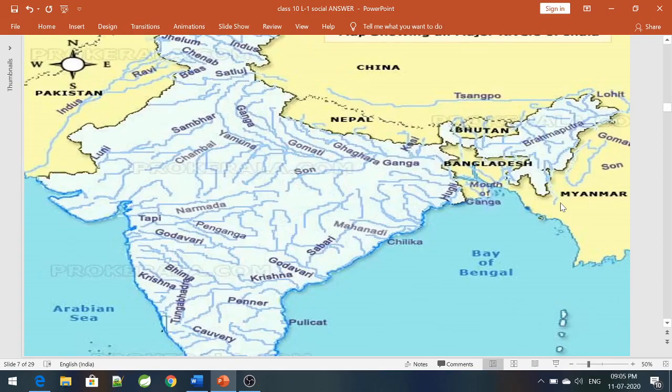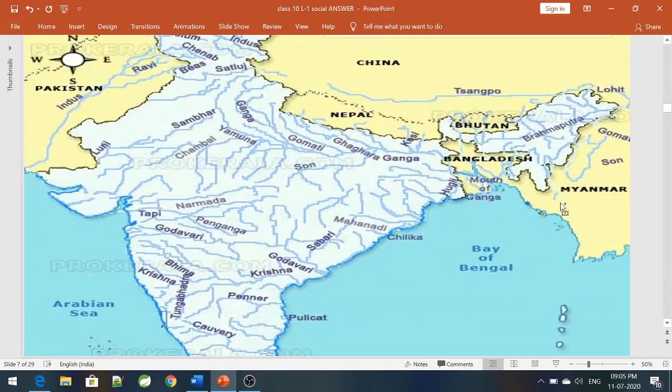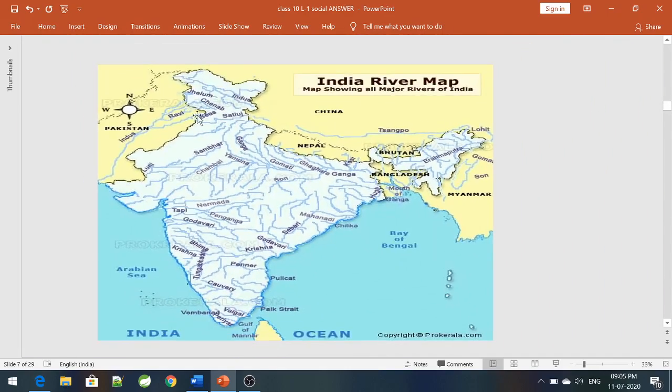See, these are the rivers. The main important rivers are the Indus and its tributaries. See, the Indus and its tributaries are Jhelum, Ravi, Chenab, Beas, Satluj. And from here the river Ganga originates and Yamuna, and from here Yamuna merges into the Gomti river, then Gomti to Ghaghra.